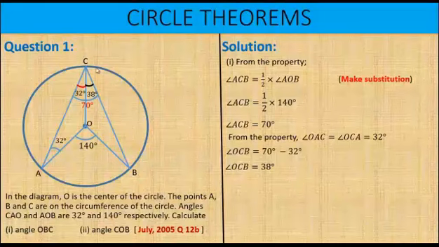Now, the triangle COB is also an isosceles triangle, and hence its base angles should be the same in value, meaning that if angle OCB is 38 degrees, then OBC should also be 38 degrees.